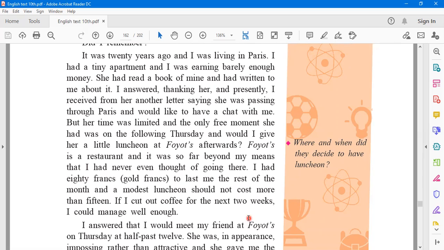And he decided, after calculation, that it would cost him hardly some 15 francs, and he had 80 francs with him. So if he managed to economize by not drinking coffee for the next 2 weeks, he could manage well enough.